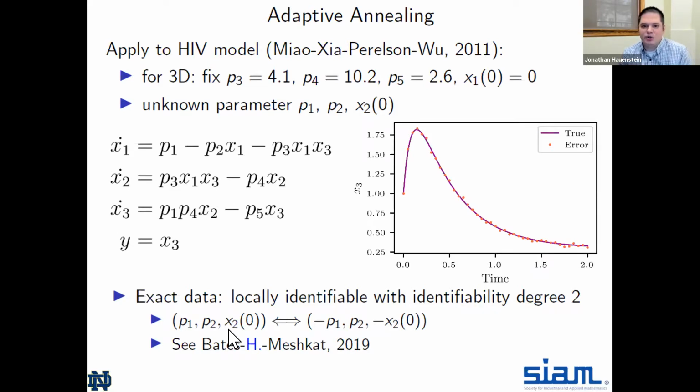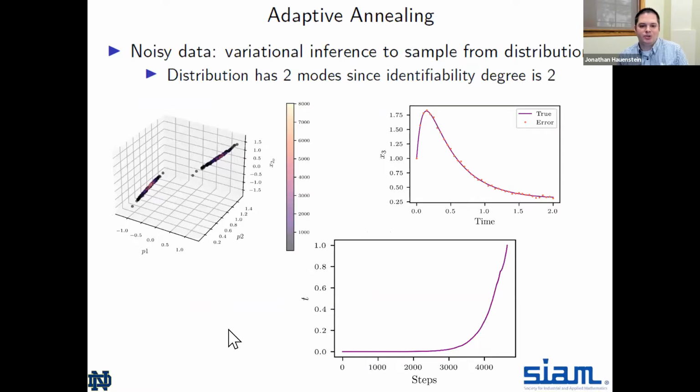But now, as soon as you throw error in there, those 2 points become distributions locally. So you get this multimodal distribution centered at those 2 exact values. And the most important thing is the plot here. You see that T has to stay really, really small for many steps in this homotopy because the distribution is changing really fast.